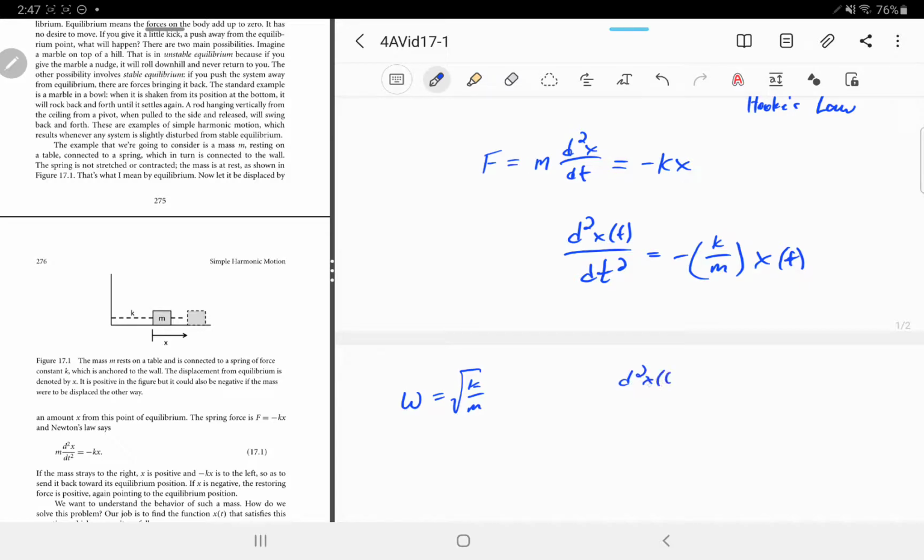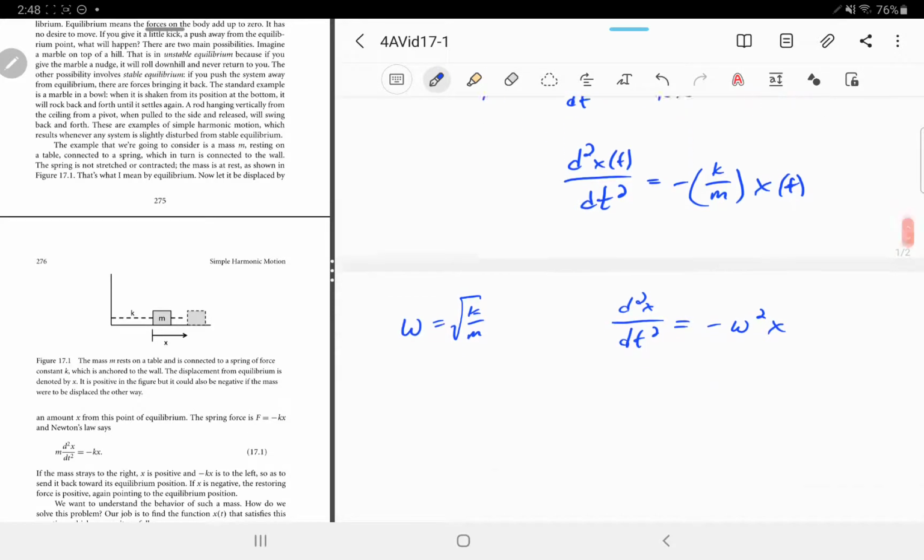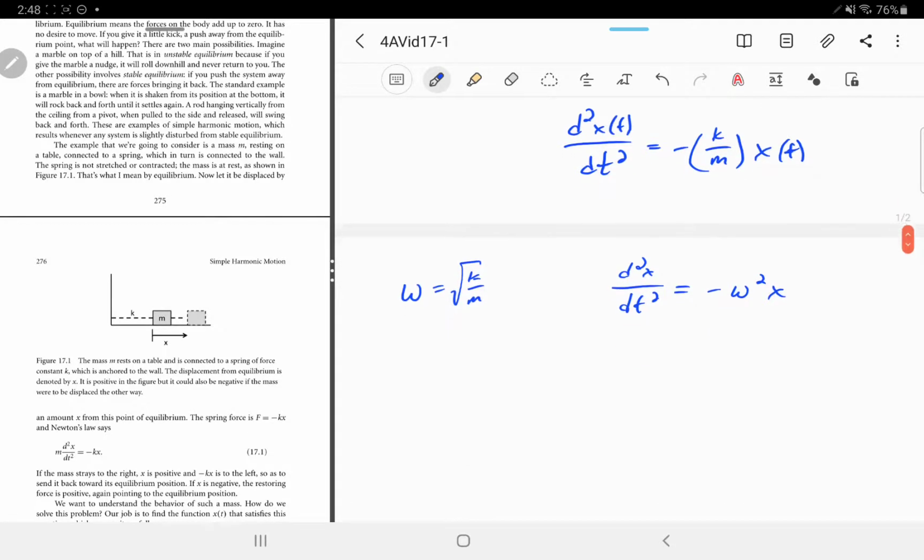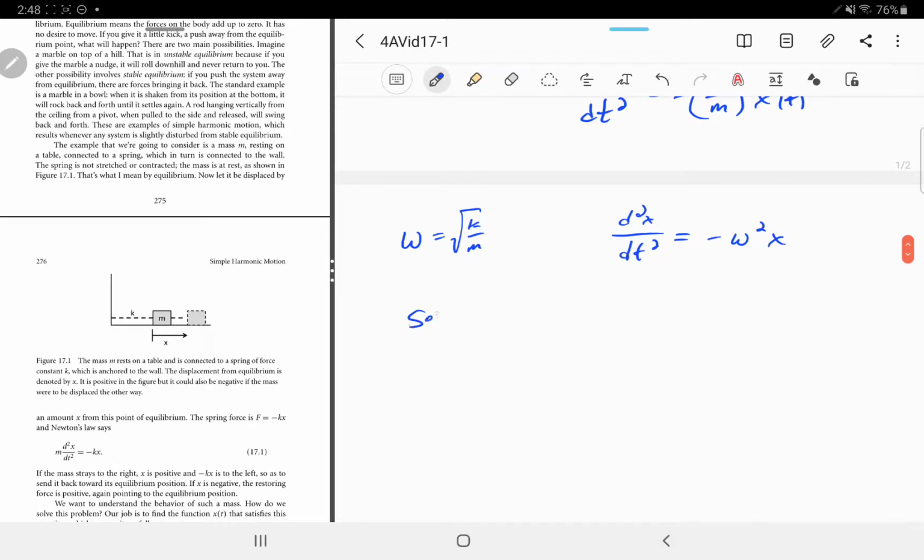So this equation becomes, and like I said before, x and x of t are the same thing, the second derivative of x is minus a constant squared times the function again. So we have to think about what function we can take two derivatives of and get minus the function back. And the answer to this is that it's a sine or a cosine.